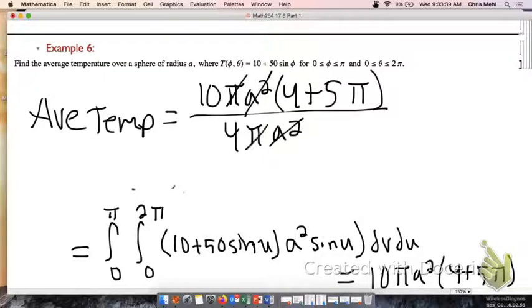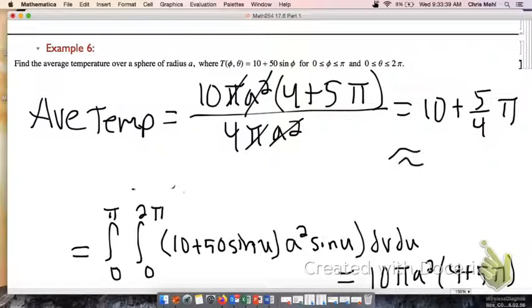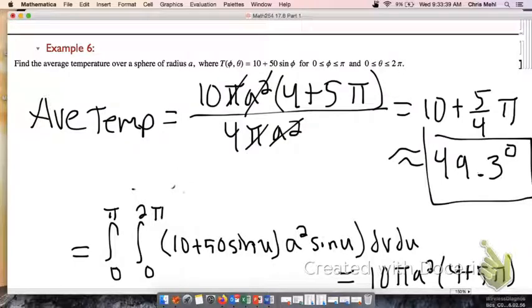The a squareds go away, the pi's go away, and then when you distribute the 10/4 to the 4 plus 5 pi, you would get 10 plus 5/4 pi, and that's approximately 49.3 degrees. Okay. So that would be the average temperature over the boundary of the sphere.